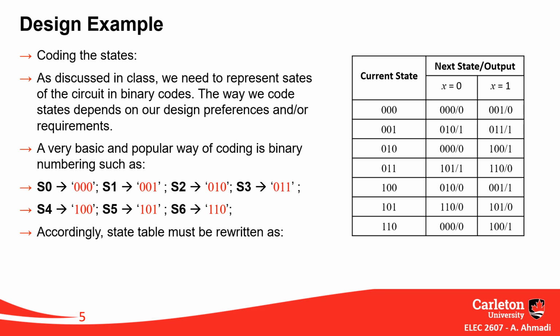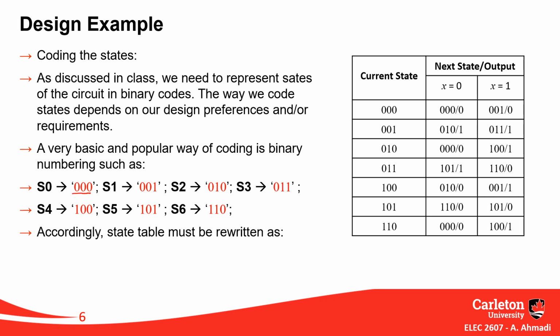How we assign a pattern of zeros and ones to a state depends on many different things, different costs and benefits in your design. The most basic, straightforward number assignment is, if I have state 0, I assign number 0 to that state.